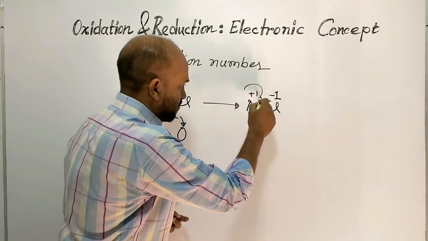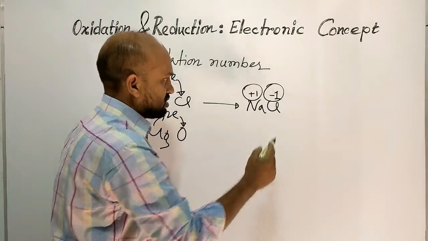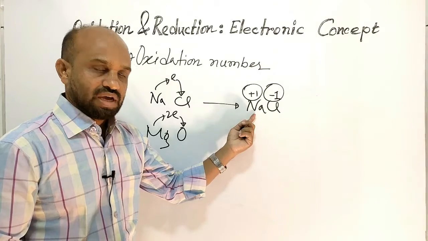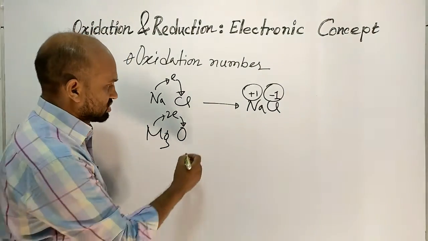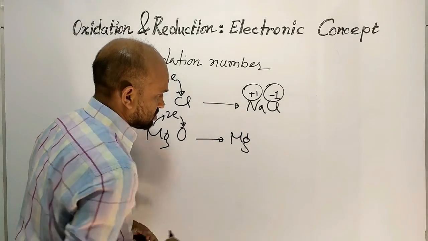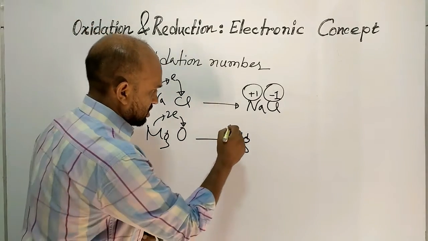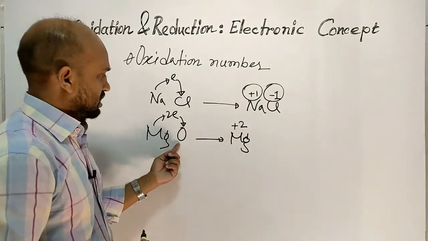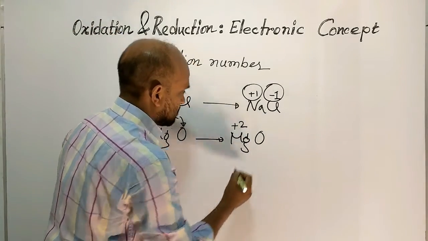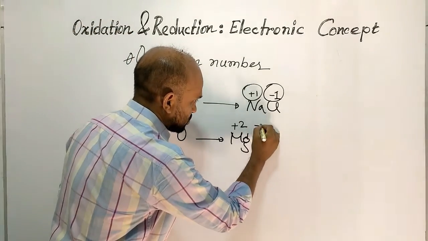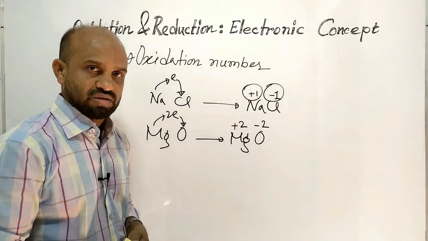Actually these +1 and -1 are the oxidation numbers. And in magnesium oxide, magnesium donated 2 electrons, that is why at the top of the magnesium we can write +2, and oxygen accepted those 2 electrons, that is why -2 is written here.